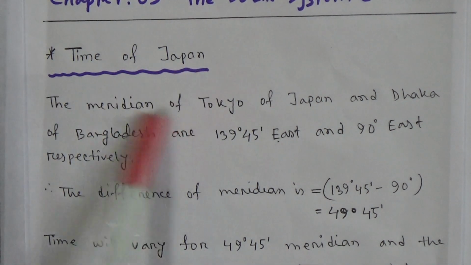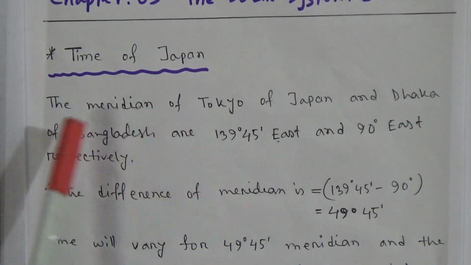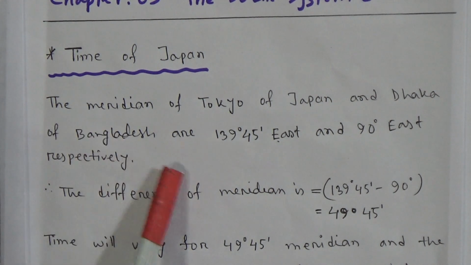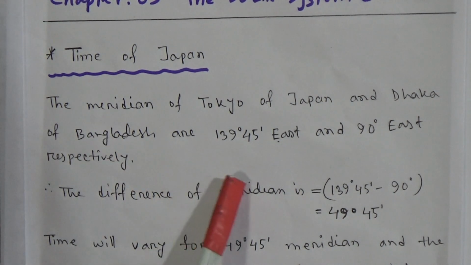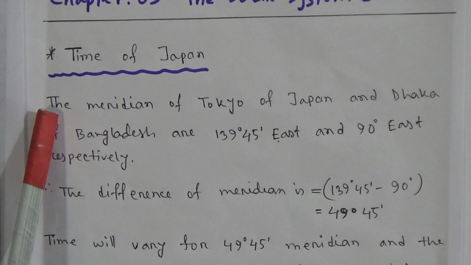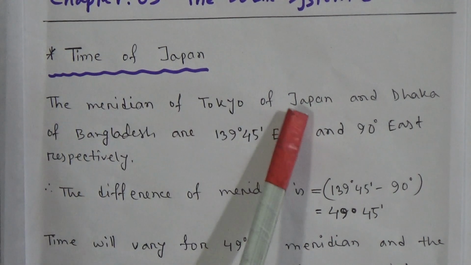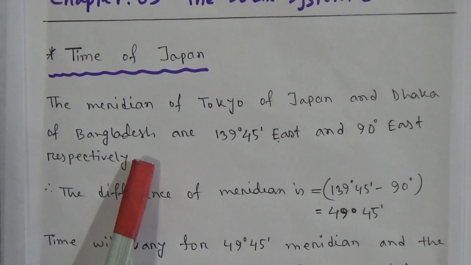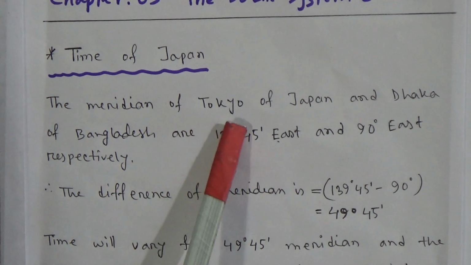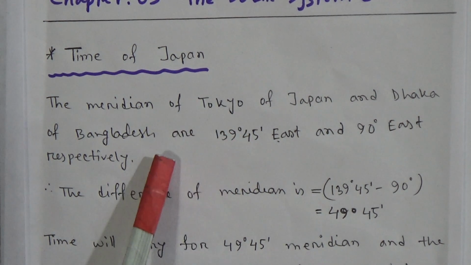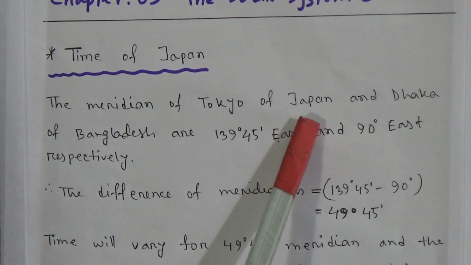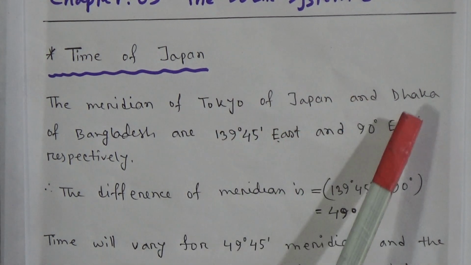Now, time of Japan. At first we will try to determine the meridian of Japan and the meridian of Bangladesh. For that we have to find out the meridian of the capitals. The capital of Japan is Tokyo and the capital of Bangladesh is Dhaka.